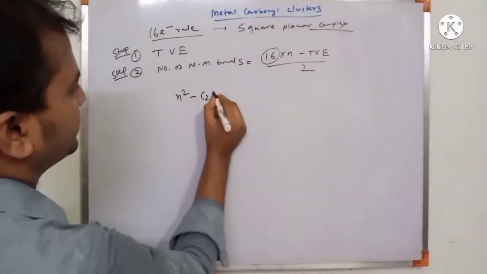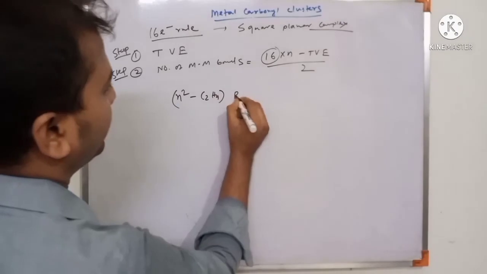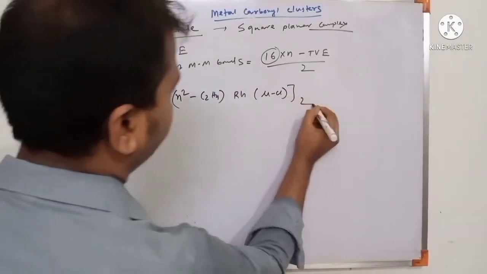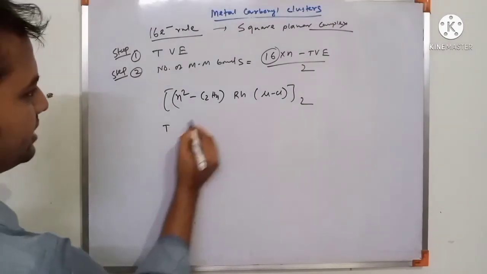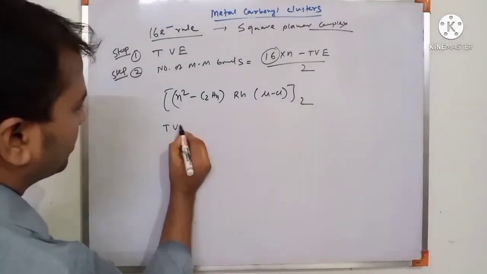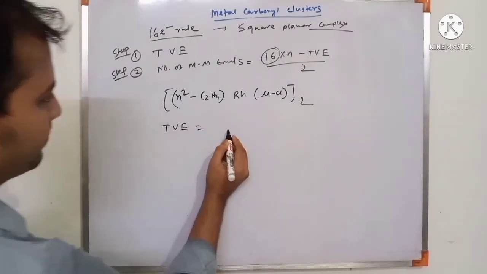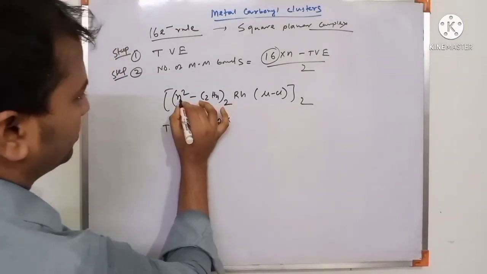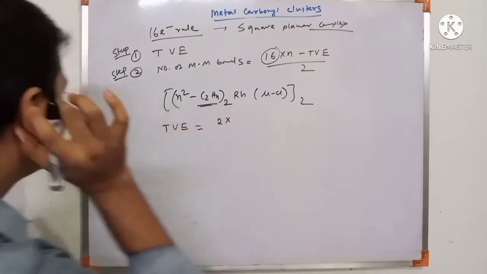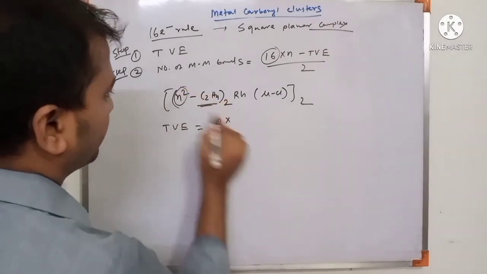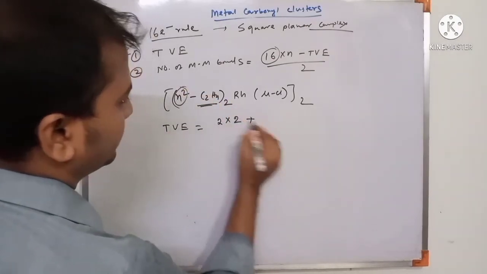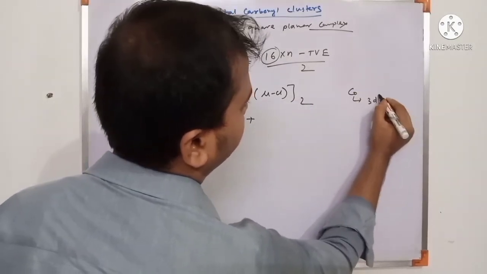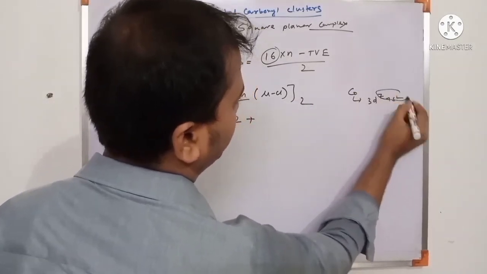Take (eta2-C2H4)2Rh(mu-Cl)2. This is a square planar complex. First calculate the total valence electron, equal to 2 into, here is 2, (eta2-C2H4)2. So eta2 contributes 2 electrons, 4, plus rhodium, cobalt family, so cobalt is 3d7 4s2, there are 9 electrons.